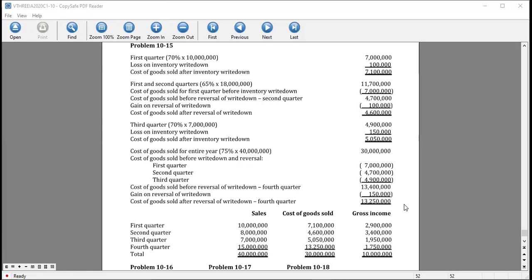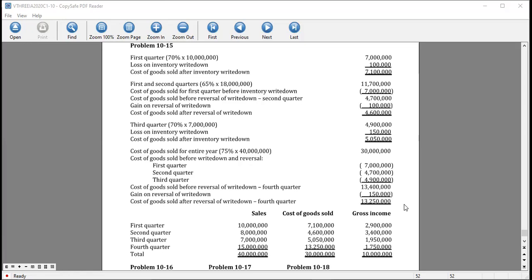For the first quarter, it's 7 million. Second quarter, 4.7 million, and you have the amount of the cost of goods sold before reversal of write down.